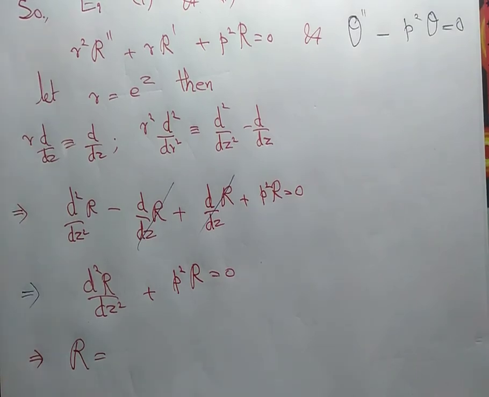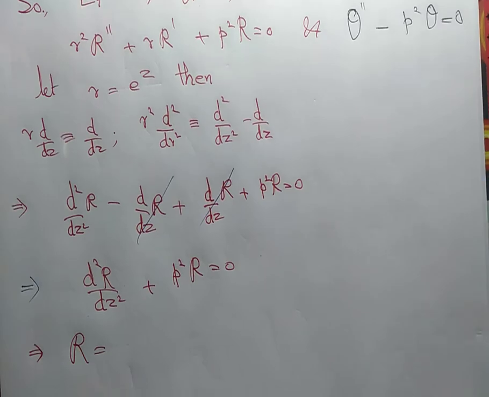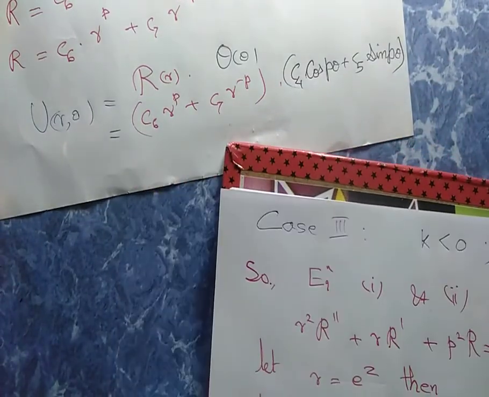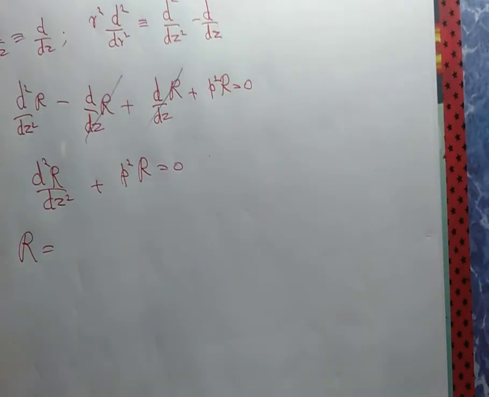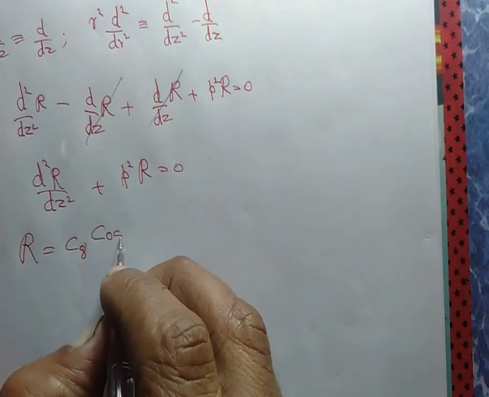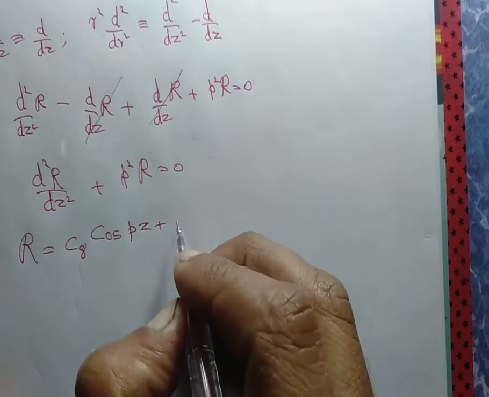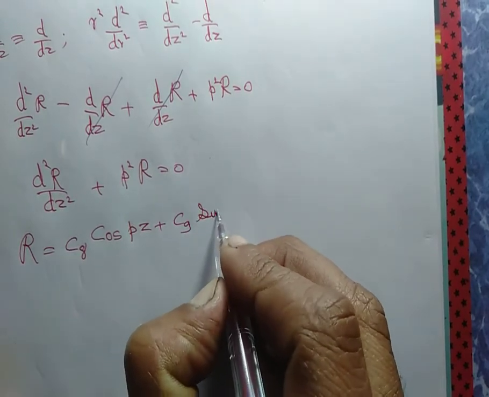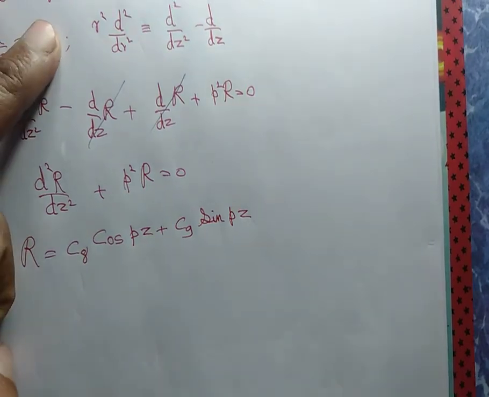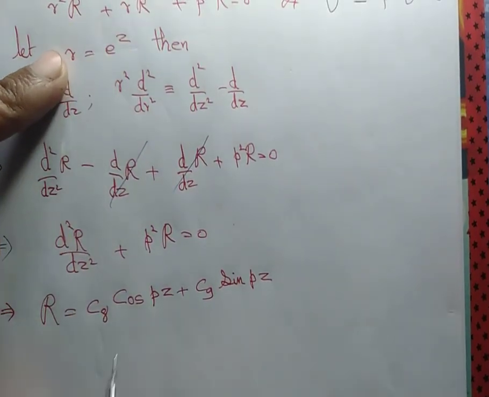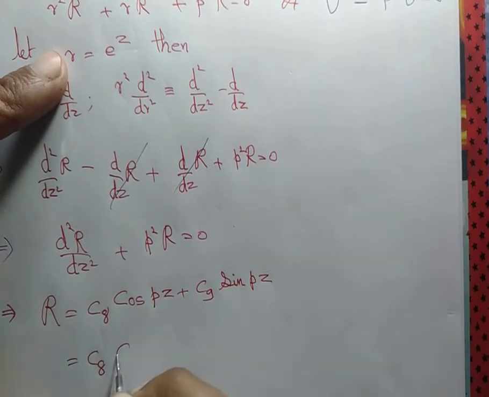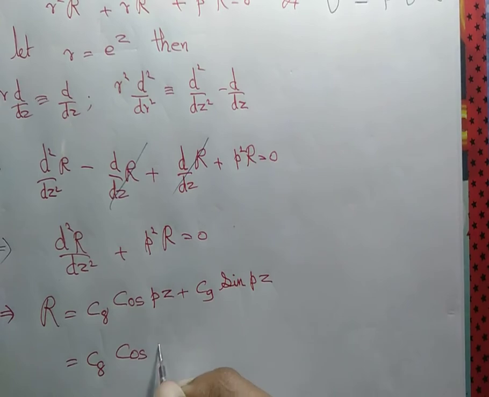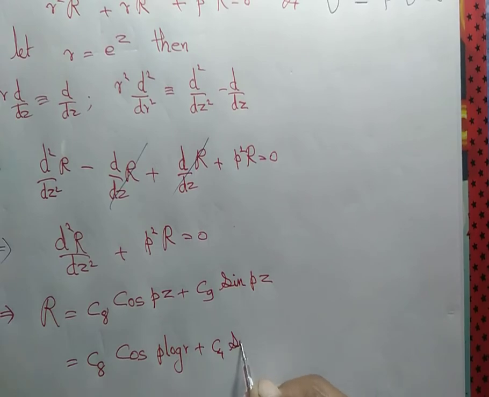c, what was the c that we used last time? We have used c6, c7, let's write c8 cos pz plus c9 sin pz, and your r is e to the power z, so z has to be equal to log r, so that is c8 cos p log r plus c9 sin p times log r.